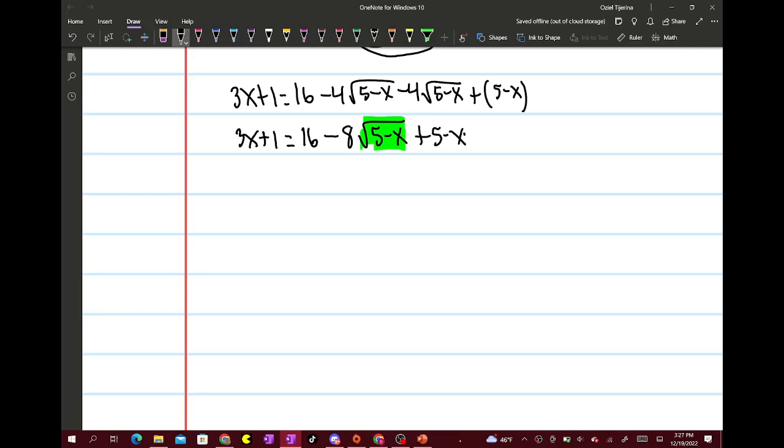So then we would go ahead and combine like terms. So 16 and 5, that's 21, right? So we have 3x plus 1 equals 21 minus 8 square root of 5 minus x, right, on the outside of the square root.